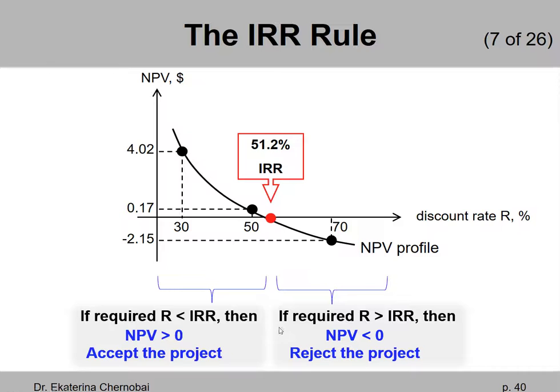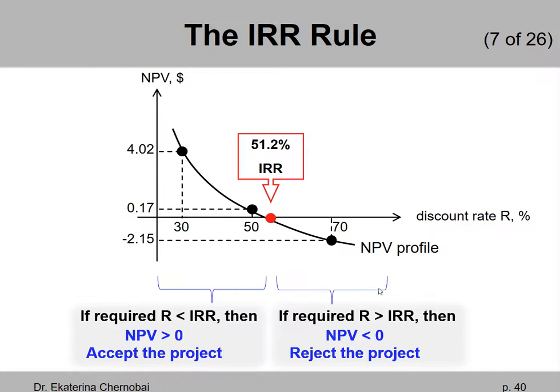There's another way to intuitively explain this conclusion. Whenever the required return is to the left from the IRR, that's where on our graph the net present value line is above the horizontal axis, which means the net present value is above $0, which is a good thing.